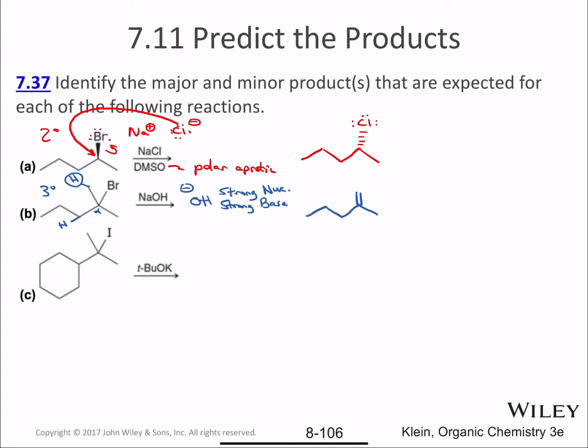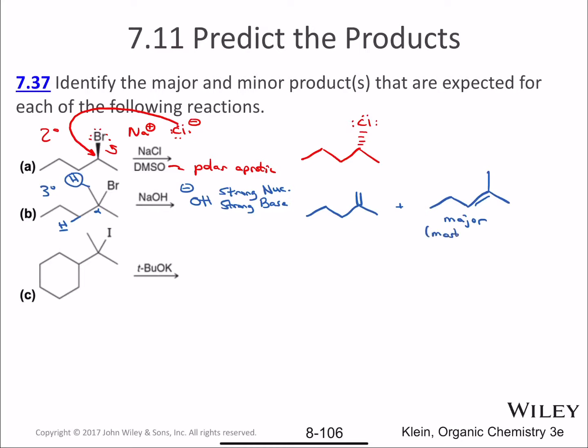However, if I was to remove the proton down here, then I would end up with this regioisomer. So I can end up with these two possible regioisomers, but this one would be the major product because my base isn't hindered. So since it's a non-hindered base, I'm going to be able to form this product as being the major product because it's the most substituted.